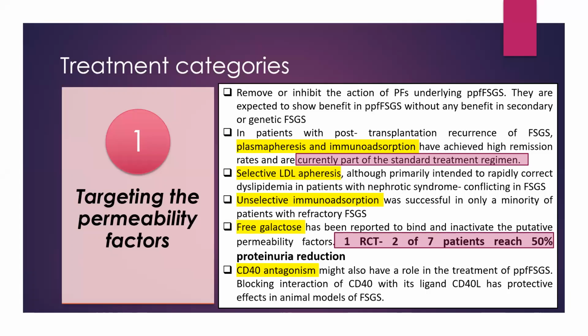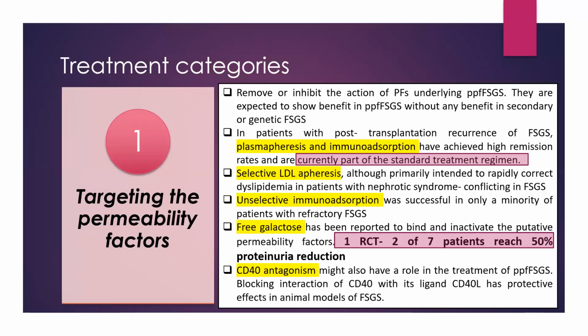All these are relying on the theory of non-selective removal or immune adsorption of all the permeability factors, but we don't have any strong evidence for this. We have only one randomized controlled trial on the galactose, because the galactose has been reported to bind and inactivate the permeability factors, but the number is very low, and the trial is of low evidence.